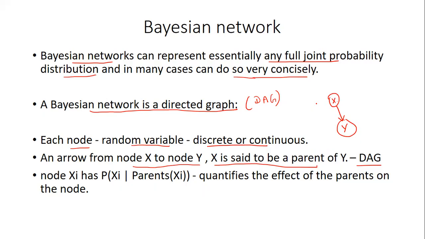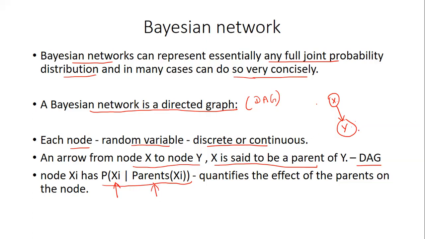For every node xi, we'll mention some value P of xi given parents of xi. For example, x does not have any parent. But y will have some value which represents the probability of occurrence of this particular random variable given that its parent has occurred, and the probability of occurrence of this event given that its parent has not occurred.